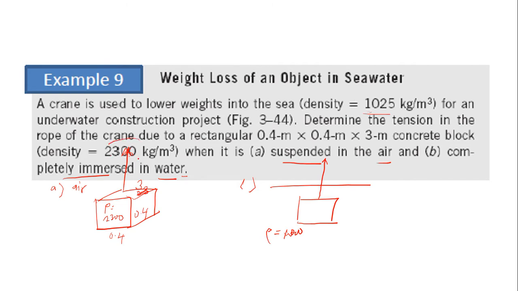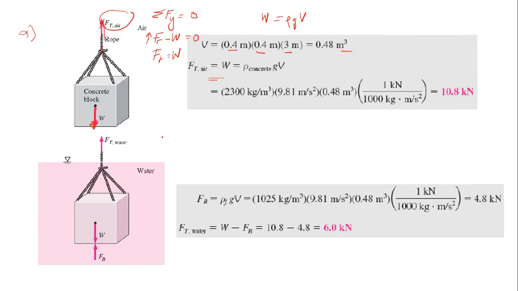So you have everything. W is rho GV, 2300 times 9.81 times 0.48, and that will give you 10.8 kilonewton, after dividing by 1000 to change to kilonewton. So 10.8 kilonewton for the first question.